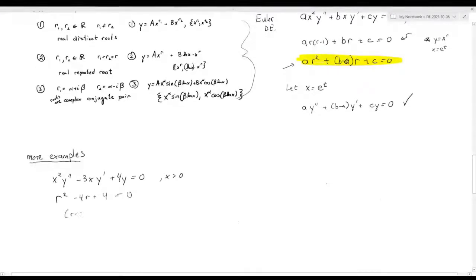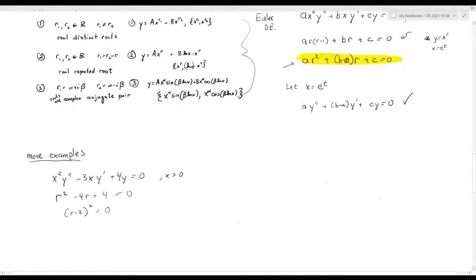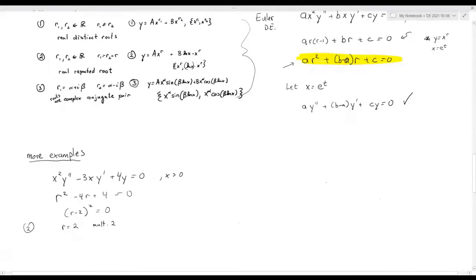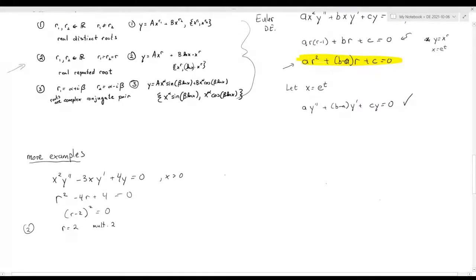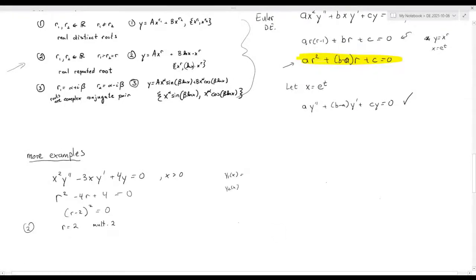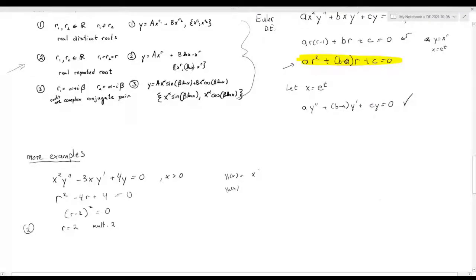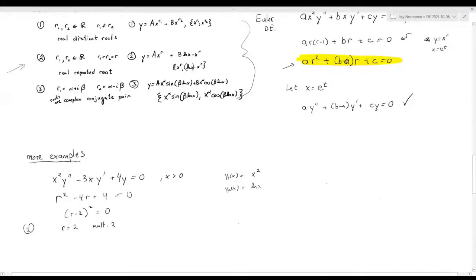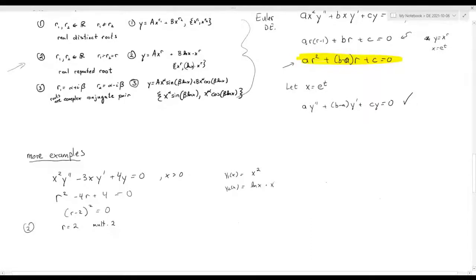So we see that this is factorable. And we have case 2. We have a real root that's repeated, so multiplicity 2. So according to the fundamental solution set in terms of variable x, it's just x to the r. And the other function is log x times x to the r.